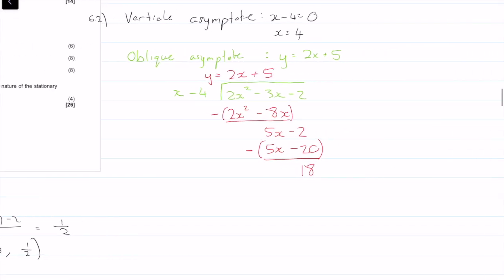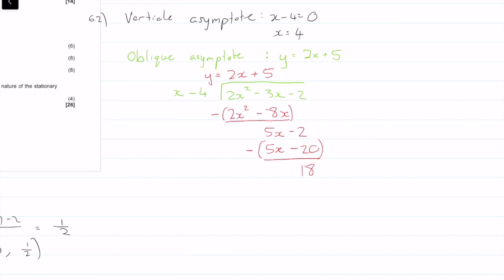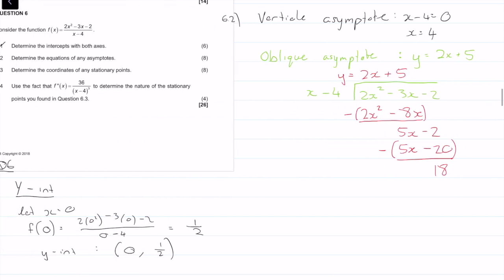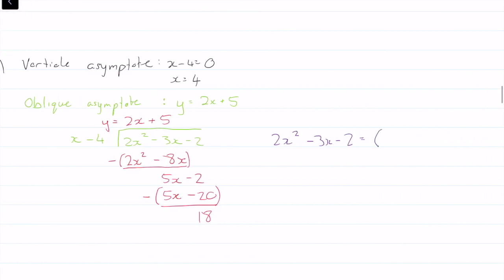Like I said, you could have done this by inspection as well. The process to do it by inspection would have been as follows. You have x minus 4. Now you say the numerator, 2x squared minus 3x minus 2, is equal to the denominator, x minus 4, times something.